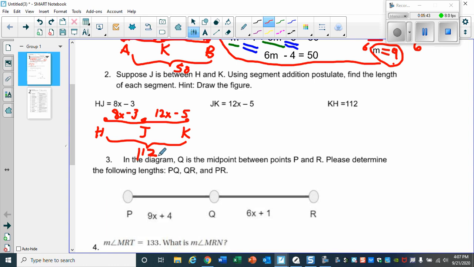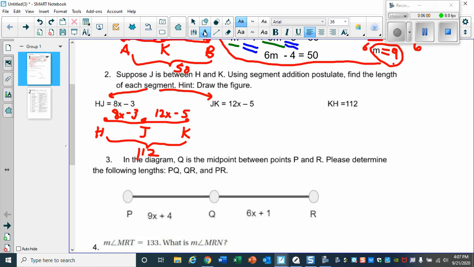So they want us to find the length of each segment, really just HJ and JK, because we already know what HK is. 112 is your grand total.